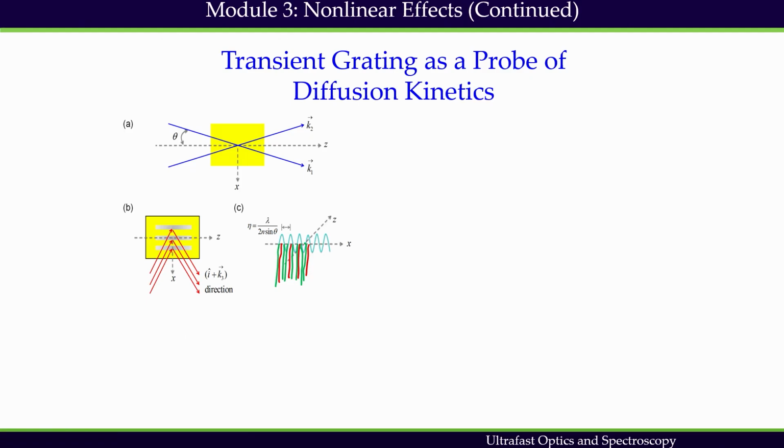Whenever I have intensity 0, it means that molecules are not excited, so that region will contain only ground state species, and the region where I have intensity, the molecules will be excited to the excited state.